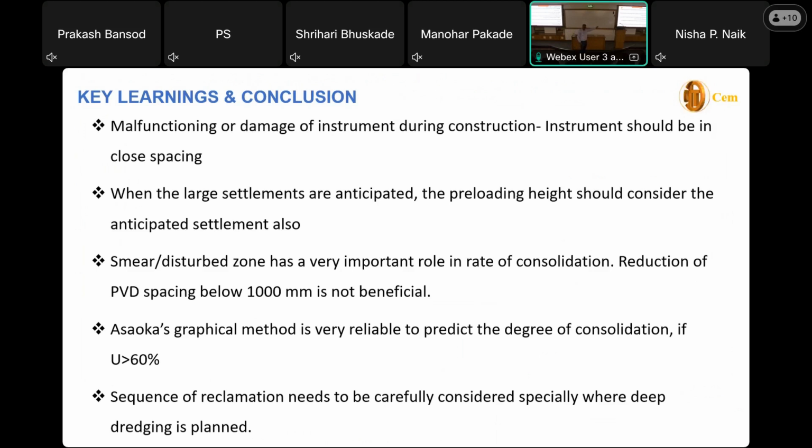So either you complete the reclamation first, do the ground improvement and everything, and only then go for the dredging. Or you can do the dredging first, complete it, and then do the reclamation. So the sequencing of things is very, very important for this kind of job.